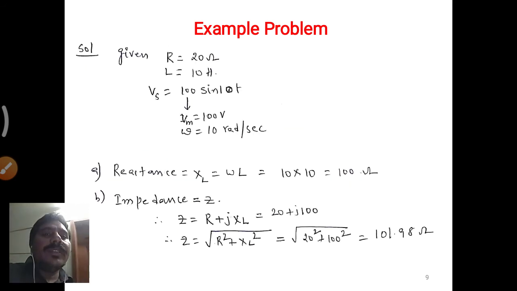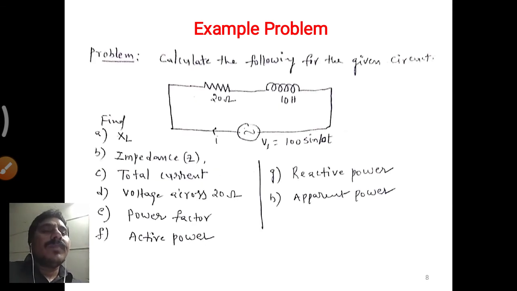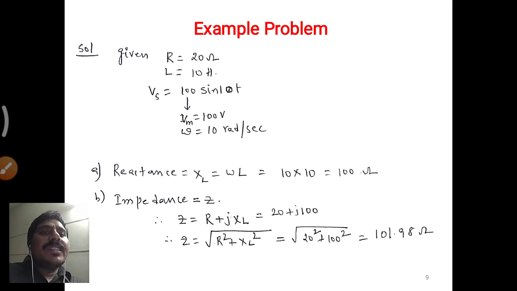Now coming to the solution part. Given that R is equal to 20 ohms and L is equal to 10 Henry, and Vs is given as the supply voltage 100 sin 10t. Here 100 is the Vm value, the peak value.